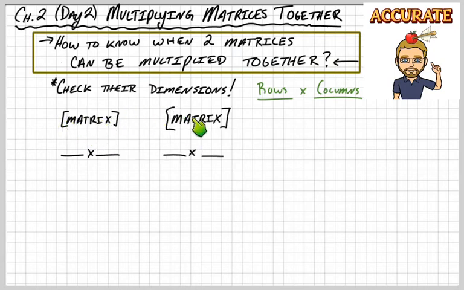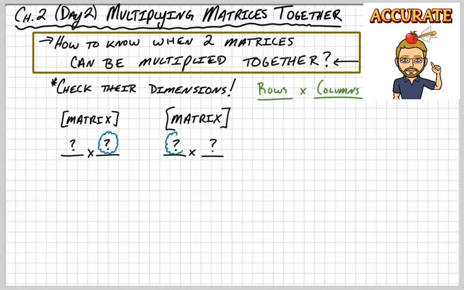We have to consider their dimensions. The first matrix will have some rows times columns. The second matrix will have some rows times columns. Well, here's the deal. Right away we can read between these two dimensions and tell if it's going to be okay to multiply these matrices together.